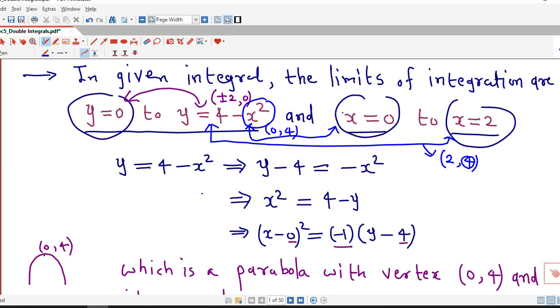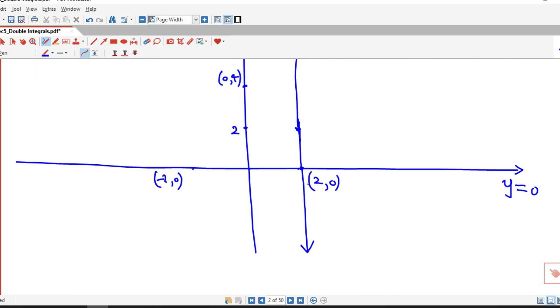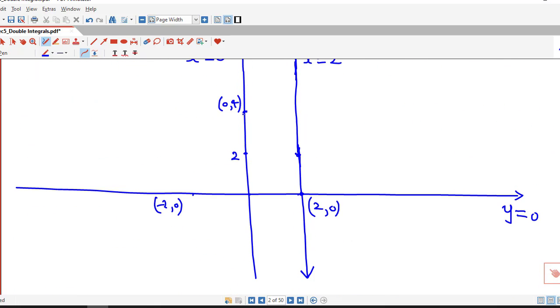The parabola is passing through plus or minus 2, 0 and 0, 4. So these are the points from which our parabola will pass: 2, 0, minus 2, 0 and 0, 4. And we have seen that it opens downwards, so it will look like this. We can roughly sketch the parabola.